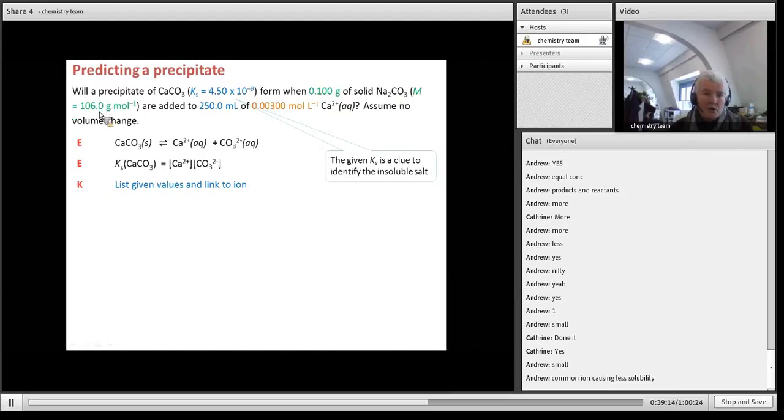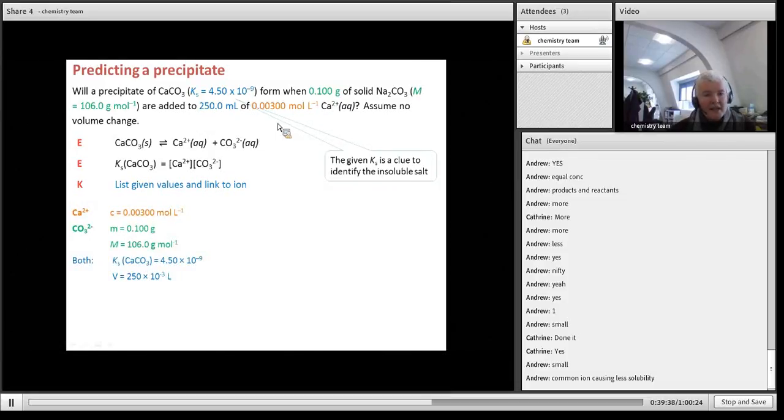The ones in blue apply to both, because I've got a volume of 250 milliliters. When I add the carbonate, the volume is still going to stay the same, but for the calcium, the only thing I know is that concentration. So there I go, I list that.